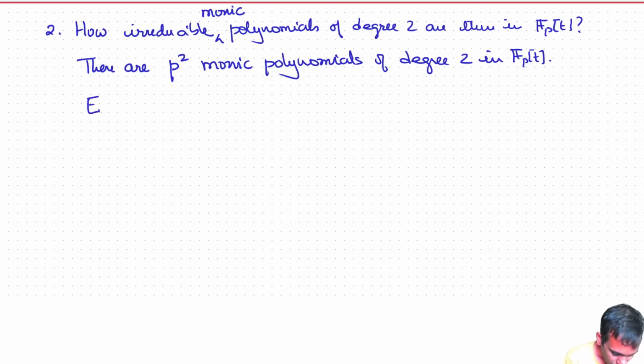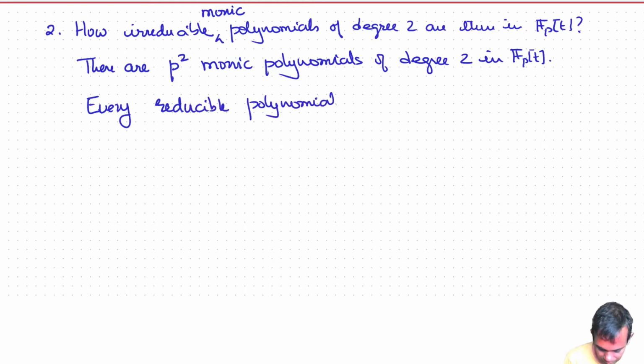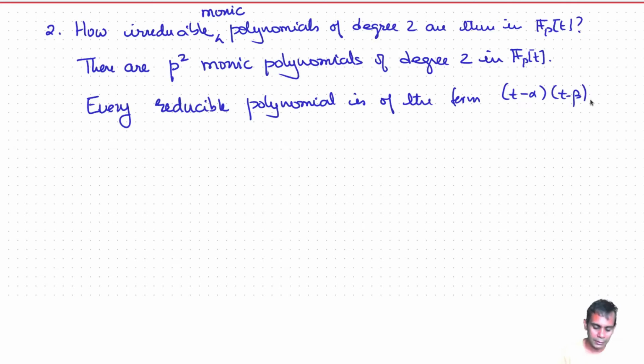Now from this, let's remove the polynomials which are reducible. So every reducible polynomial, or non-irreducible if you wish, must have 2 linear factors, and is of the form t minus alpha into t minus beta, where alpha and beta are in F_p.